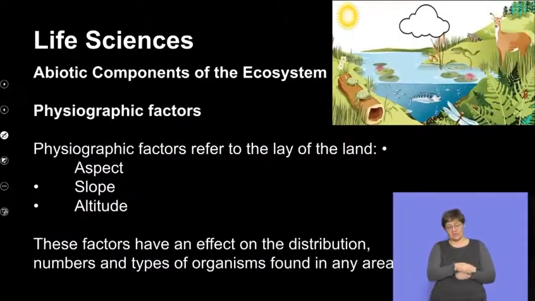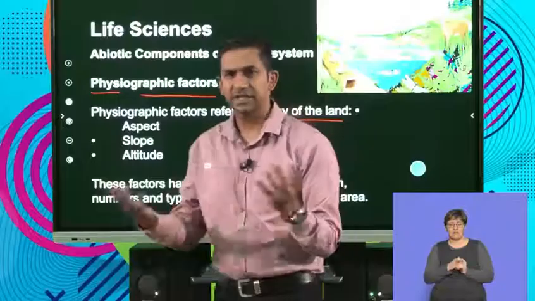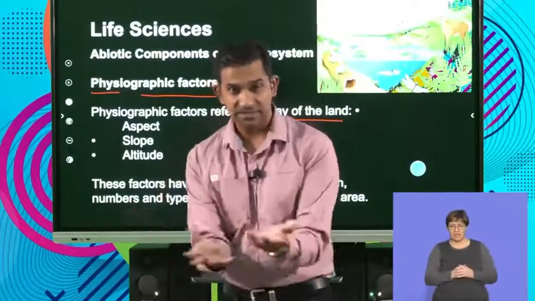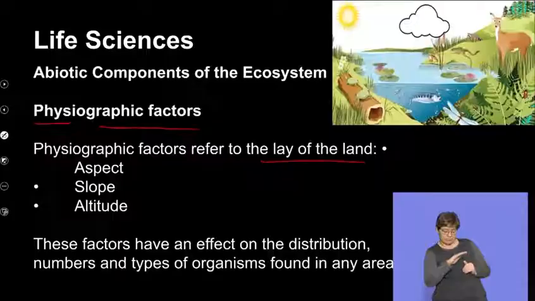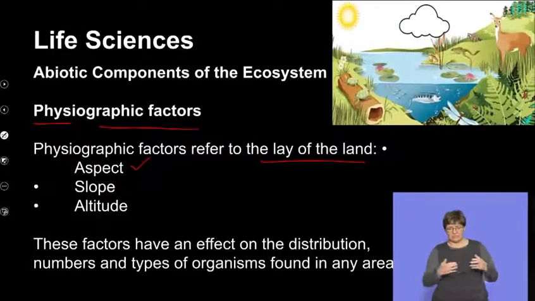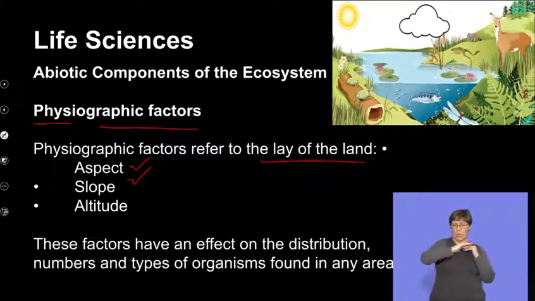And finally, we have the physiographic factors, and the physiographic factors actually refer to the lay of the land. So when we talk about the lay of the land, we refer to the type of land, its situation geographically. So this is in context of the aspect. An aspect would be the amount of light that the area receives, the slope in terms of the terrain. So you find that it's mountainous, you have slopes that are facing the sun or away from the sun.